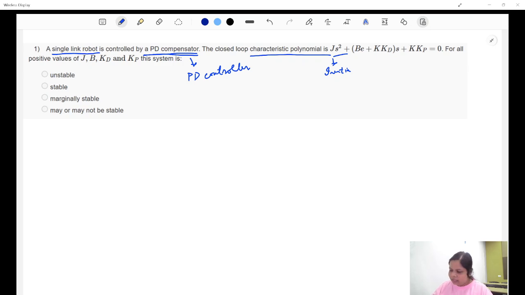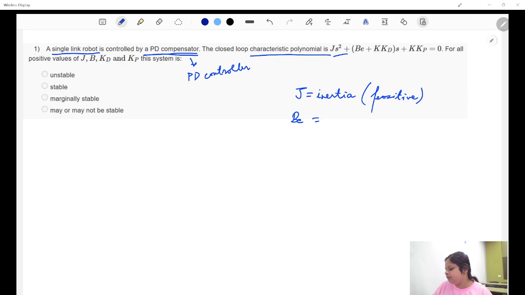J is your inertia, which is positive. I'll write it separately, since this is already covered in the lecture. I'm just writing it for revision's sake. This is inertia and this is positive.